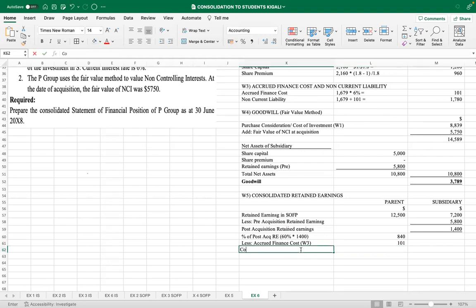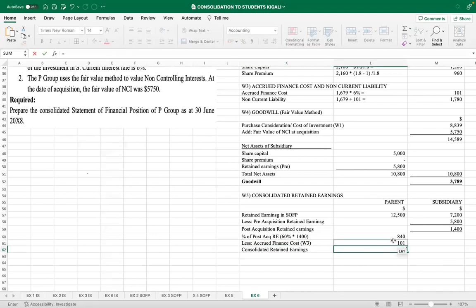So this gives you consolidated retained earnings, which is our working 5. So what is our consolidated retained earnings? Retained earnings of the parent plus percentage of post minus accrued finance cost, which is an expense.